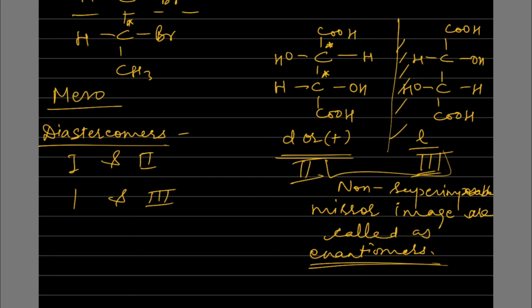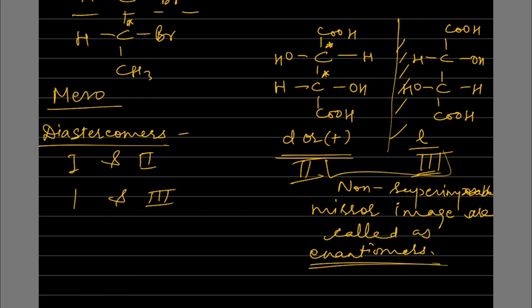So this type of compounds are called diastereomers. Diastereomers are not optical isomers, and they don't have any mirror image relation either.